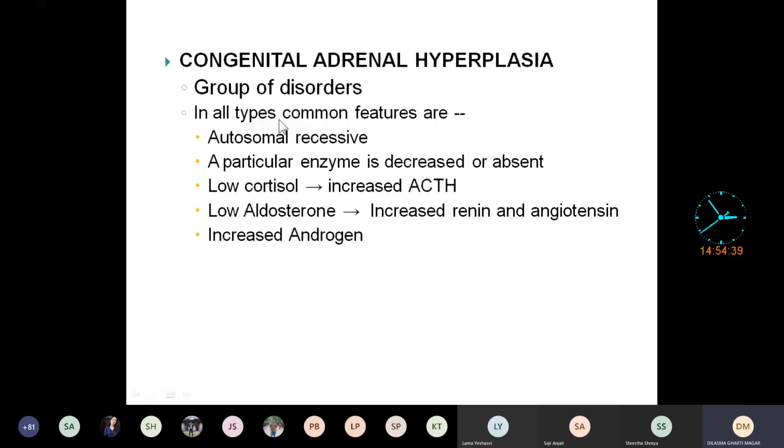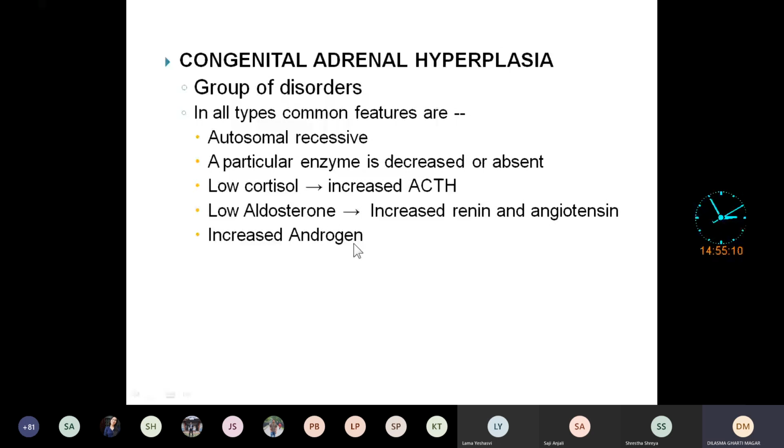Mainly it is an autosomal recessive disorder, where a particular enzyme is decreased in amount or totally absent. In congenital adrenal hyperplasia, there will be low cortisol and low aldosterone, but the androgen hormones will be increased. Understood here?